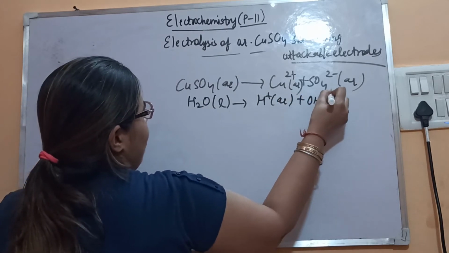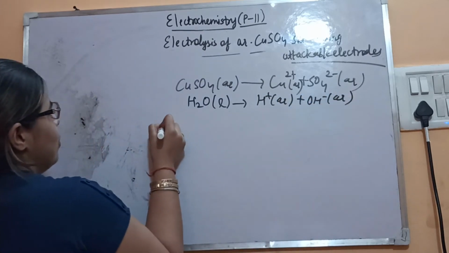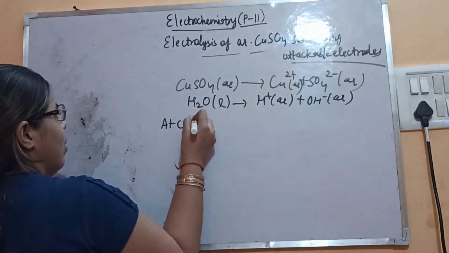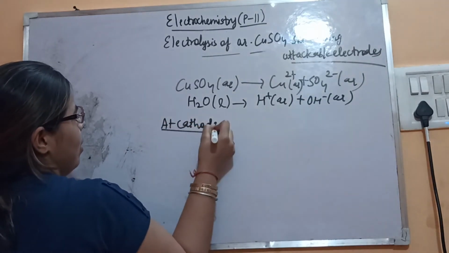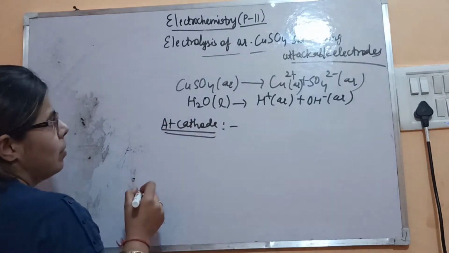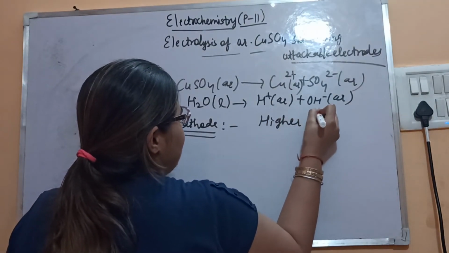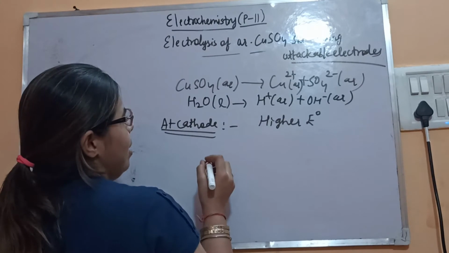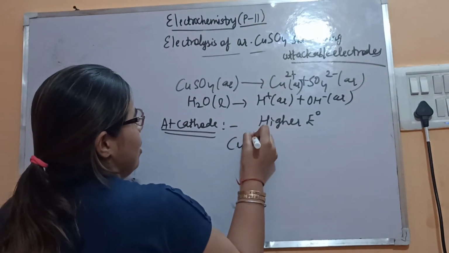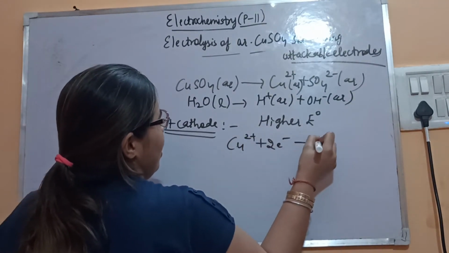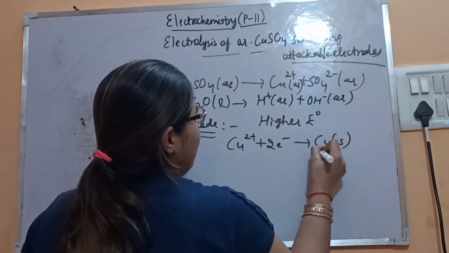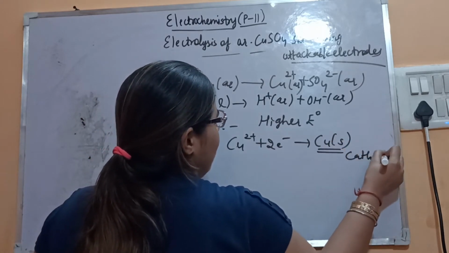At the cathode, again the same thing will happen. Copper has the higher E0 value, so Cu2+ accepting 2 electrons gets deposited at the cathode.